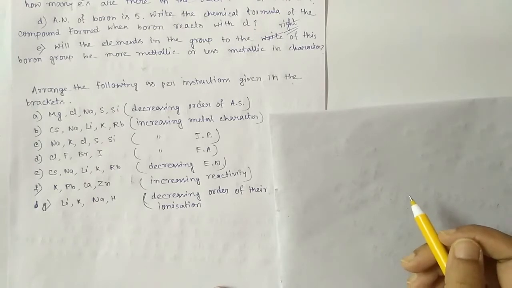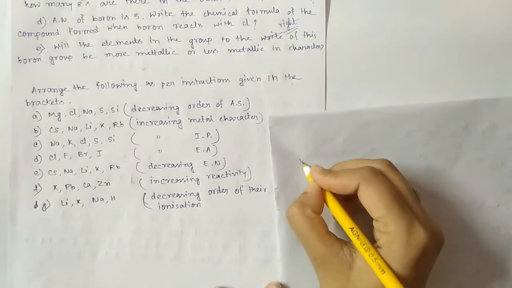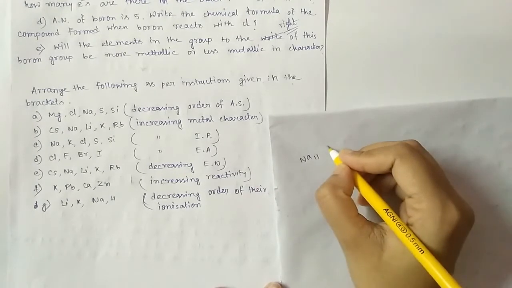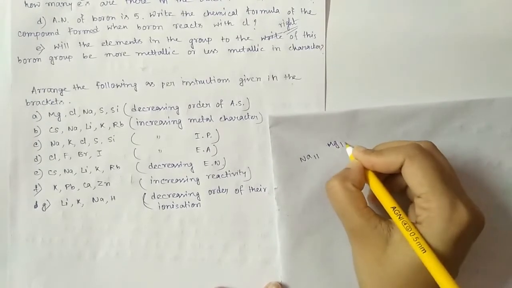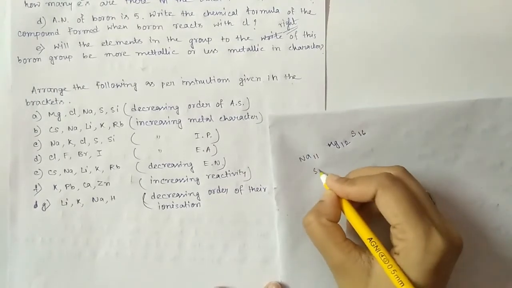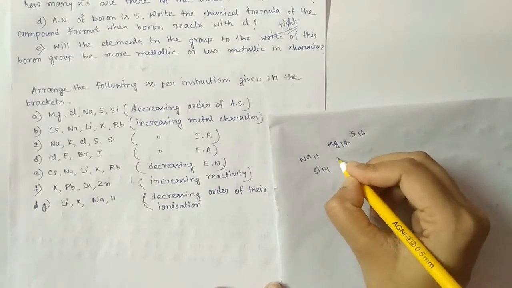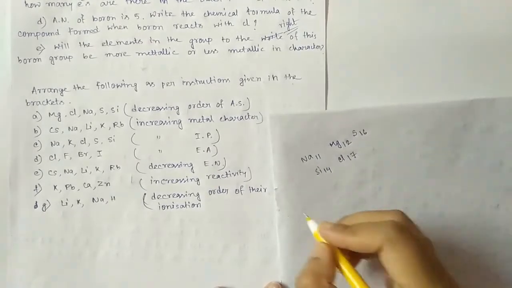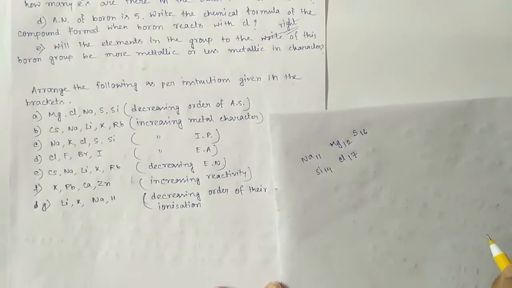So here, atomic size, I have told you that if you look at the elements carefully, they are all of the same period. Sodium has atomic number 11, magnesium has atomic number 12, sulfur has atomic number 16, silicon has atomic number 14, and chlorine has atomic number 17. As we move left to right along a period, the atomic size will decrease as the effective nuclear charge is increasing along a period from left to right.